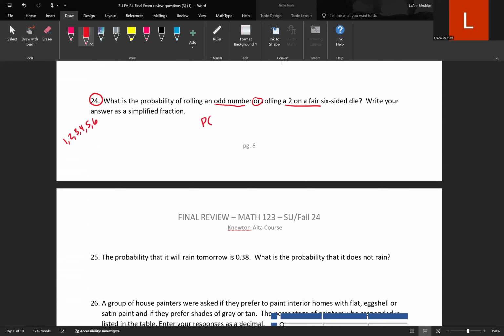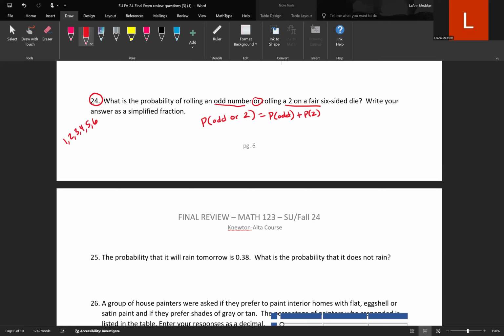And we want the probability of getting odd or a 2, an exact 2. Okay. So when you do probability with an or, you have to do probability of the first event, plus the probability of the second event, and then minus the probability that you are both at the same time. Now, you can't be both an odd and a 2 at the same time because odd is 1, 3, 5, and even is 2, 4, 6.